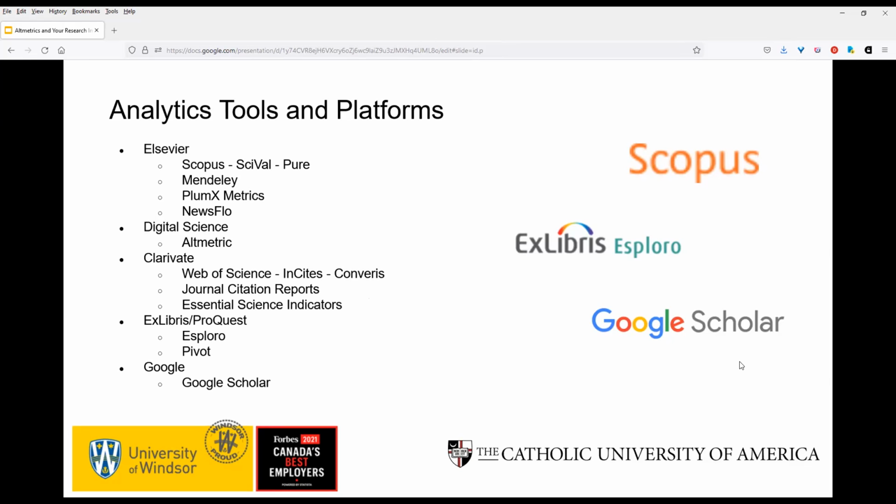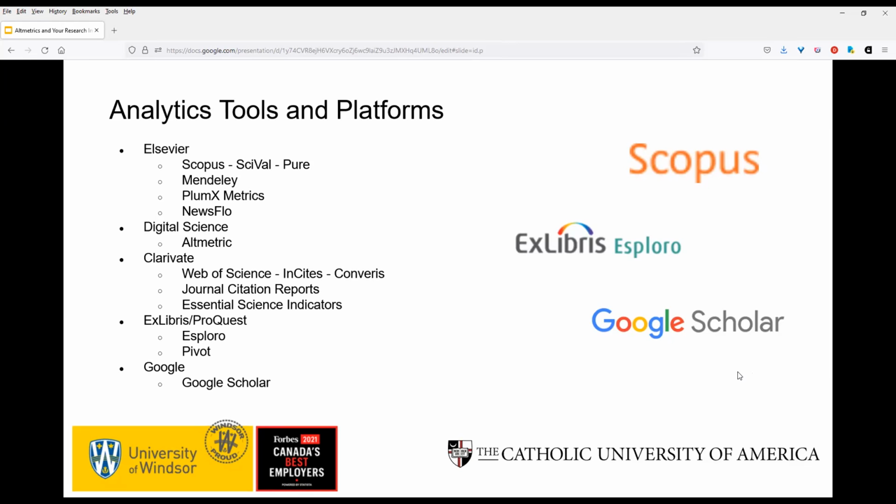Digital Science is the company that started the Altmetric product. And while altmetrics is a concept that is distinct from the Altmetric product that Digital Science sells and continues to develop, it's often the case that when you talk about altmetrics, you're still really talking about Altmetric, the product, and we'll take a little bit of a look at that.